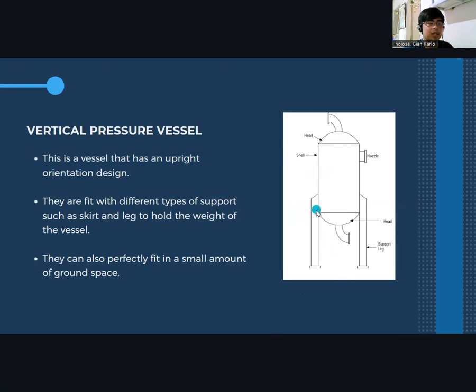Commonly there are four, but it depends on the diameter of our vessel and its load. What we can see here is the skirt, and this is the leg, which will support the vessel. They can also fit in small amounts of ground space, but as much as possible our space should also be tall for it.